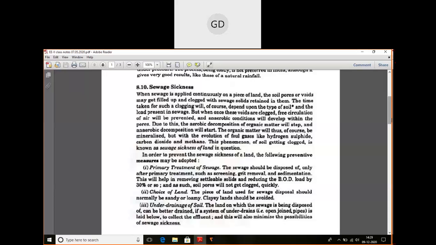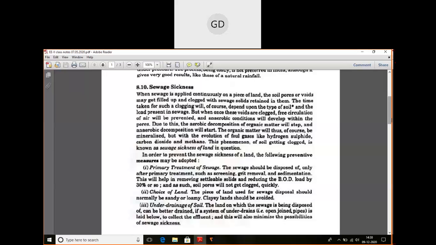Number two is your choice of land. The land that is used for sewage disposal should normally be sandy or loamy. Clay soils should be avoided for disposal of sewage on land. Next is under drainage of soil. What is under drainage of soil?